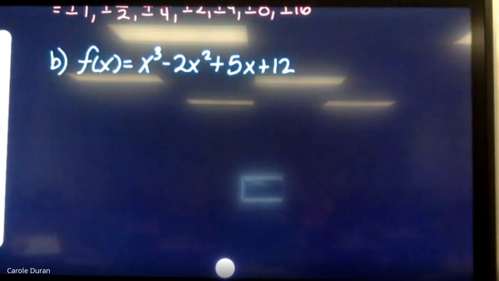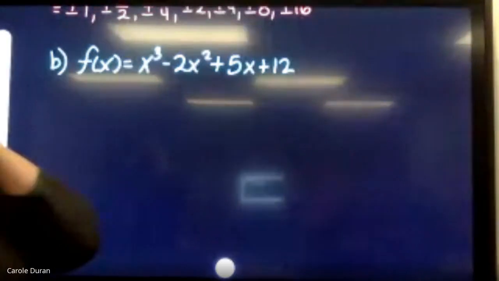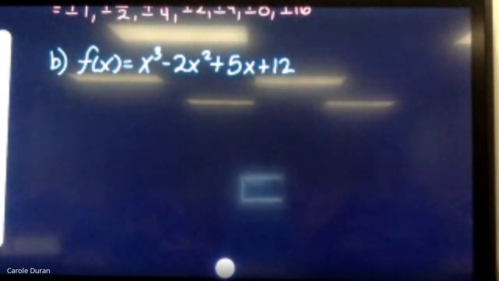Exactly what we just did on the previous problem. When you have your list, turn to somebody sitting next to you and see if they have the same list.